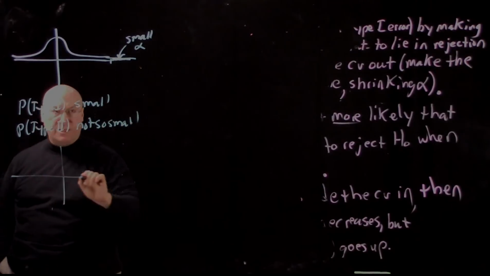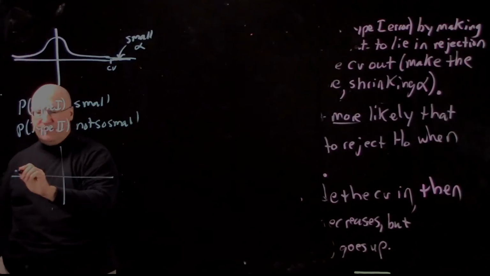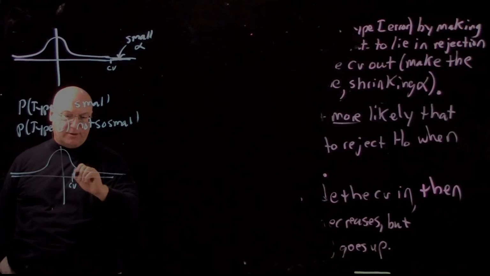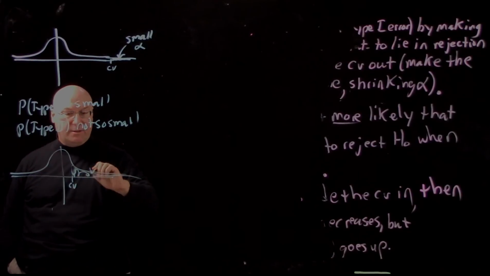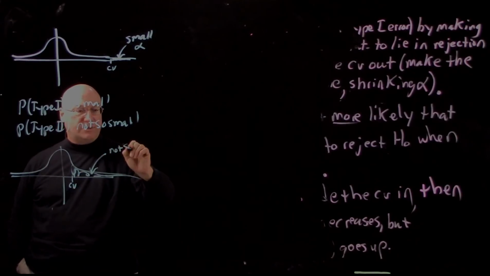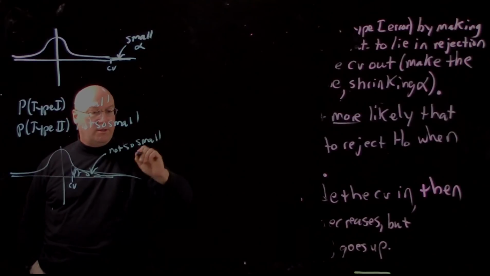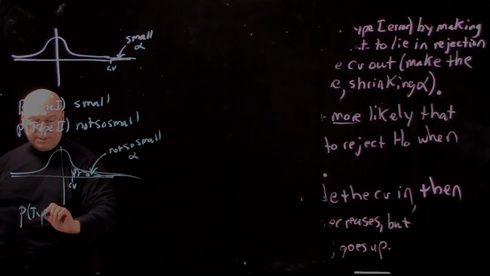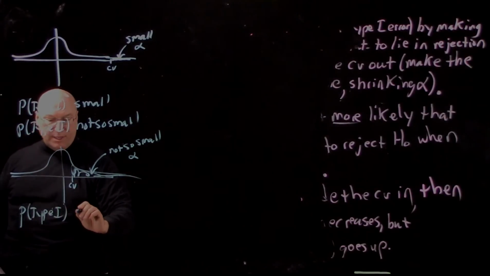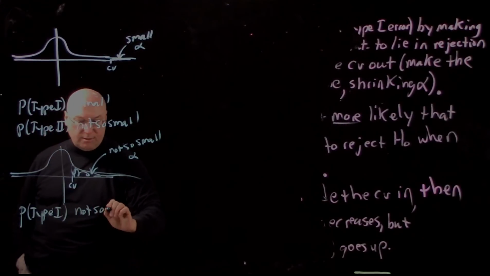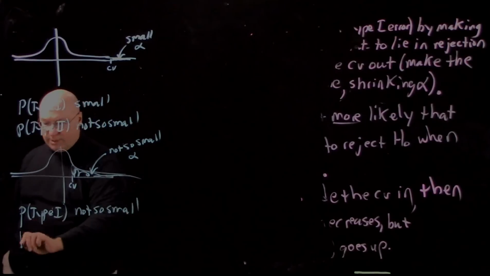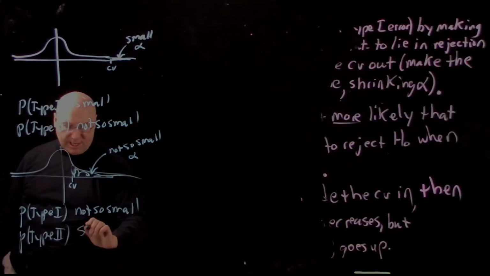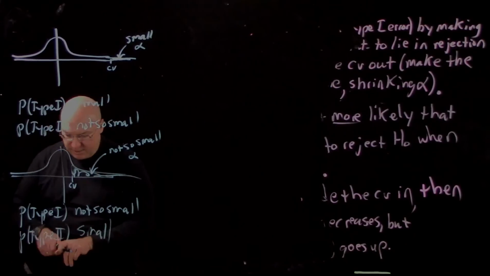If instead I exaggerate and put the CV way in here, so now alpha is not so small, the probability of type 1 error is not so small. The probability of type 2 error is now smaller.